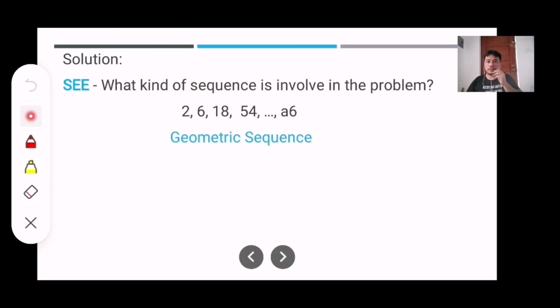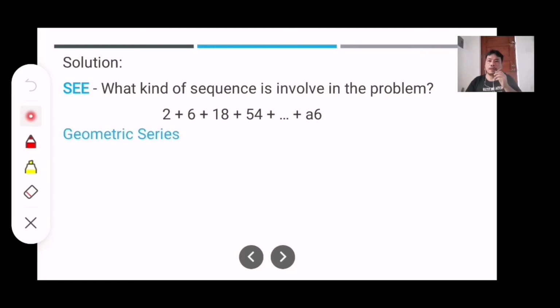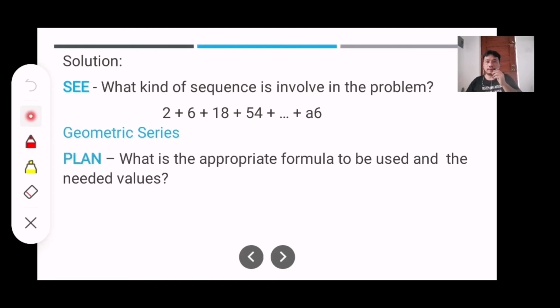The problem says that we have to get the sum from the first term up to the 6th term. So meaning we will add this geometric sequence, and we can say that it also involves geometric series. Okay, next step is to plan what is the appropriate formula to be used and the needed values.